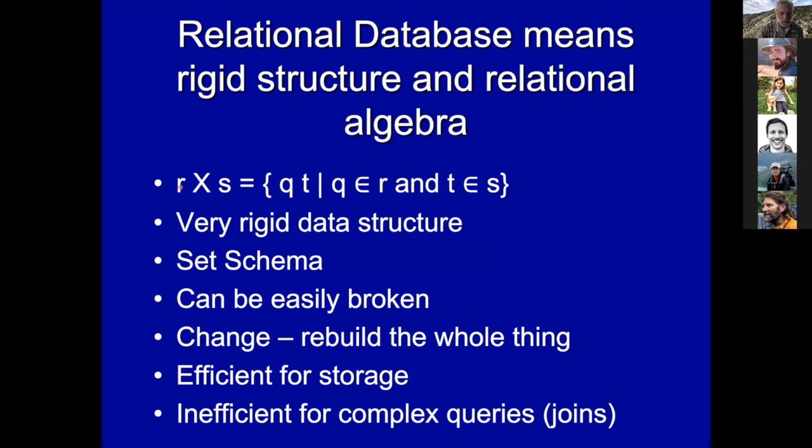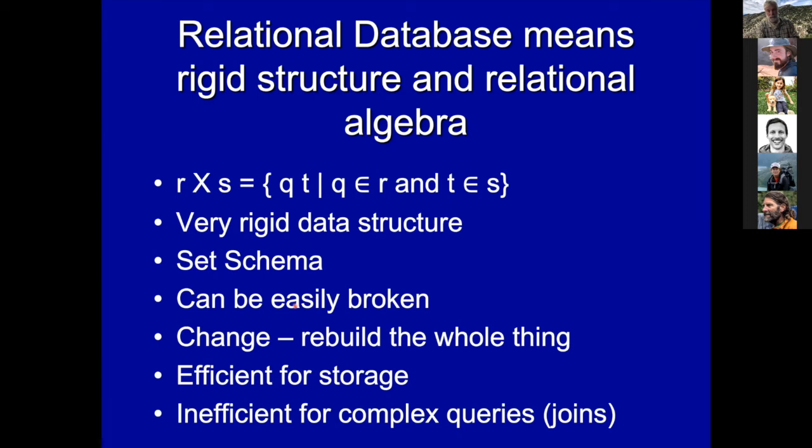So for example, this first line is a definition that you could use for doing the Cartesian product of two data sets. The point is this is rigid, everything's rigid, it has to be arranged just right. And once you have it arranged, you really can't do much to the structure of it.